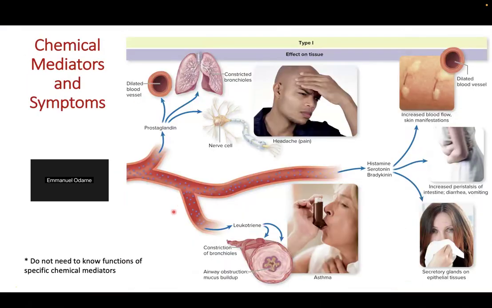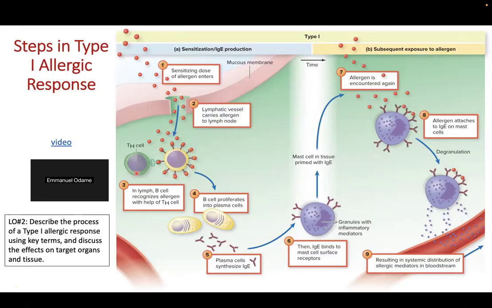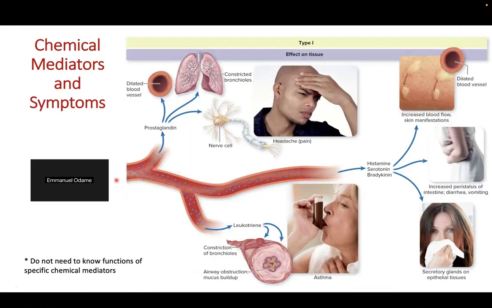Now we have the granules with inflammatory mediators circulating through your bloodstream, and here they do a lot of things. First of all, they will cause dilation of your blood vessels, and they can also stimulate your nerve cells, which will result in pain.